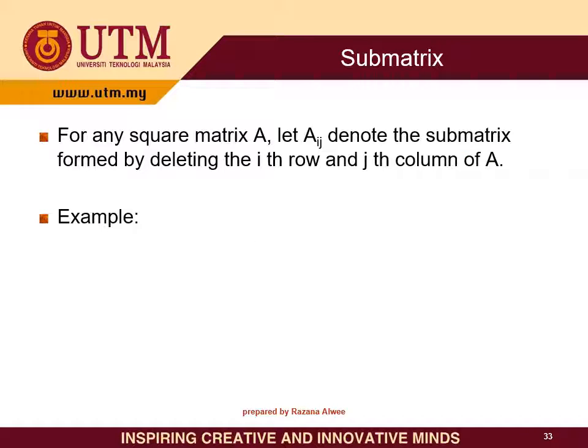For any square matrix A, you must find the submatrix, which can be formed by deleting the ith row and jth column of A. This is used for 3 by 3, 4 by 4, larger than 2. Then you need to use this submatrix method. For example, this one is 3 by 3.